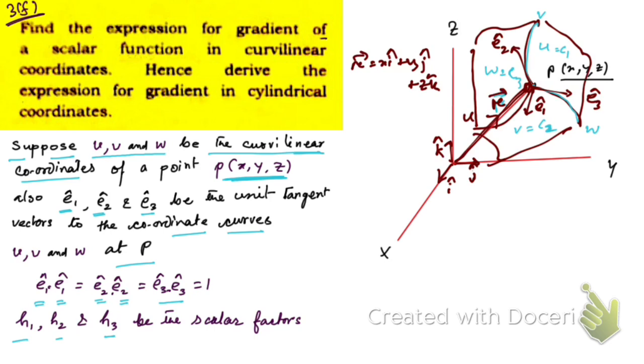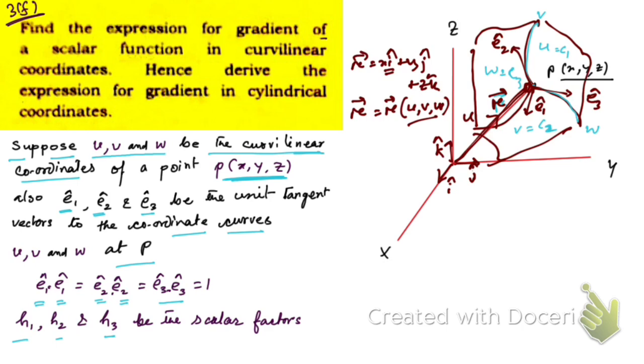Now r can be written as a function of u, v and w in terms of the curvilinear coordinates. In that case we use the unit tangent vectors e1 cap, e2 cap, e3 cap instead of i cap, j cap, k cap, and u, v, w instead of the coordinates x, y, z.